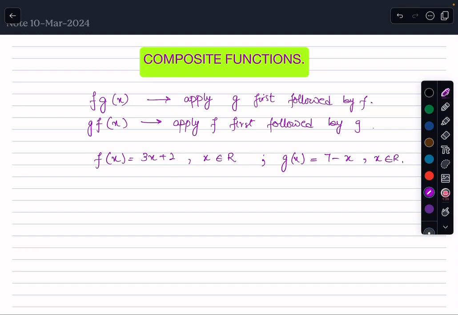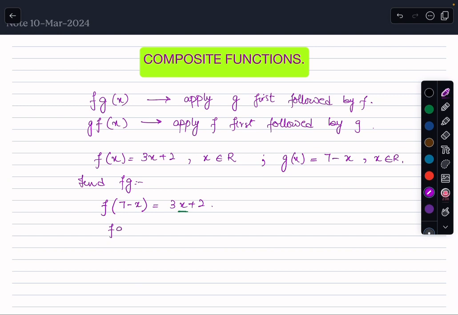If I tell you to find fg, then what fg means is that in the function f, in place of x, I will be substituting the function g, which is 7 minus x. Meaning, in the place of x in 3x plus 2, I will be substituting the function g.